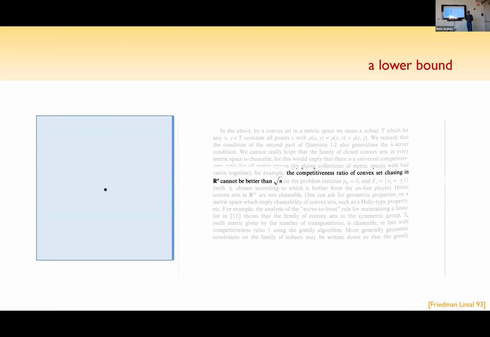Let me show you the two-dimensional example; it generalizes to D dimensions. Initially, you are sitting at the origin. I'll tell you up front it's going to be a nested instance, and eventually you're going to end up at one of the corners of this square. The sequence is going to end up putting you in one of the corners.